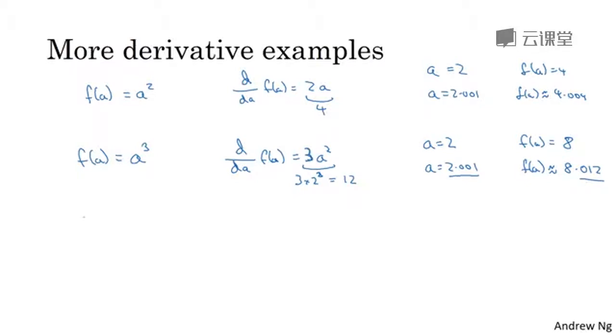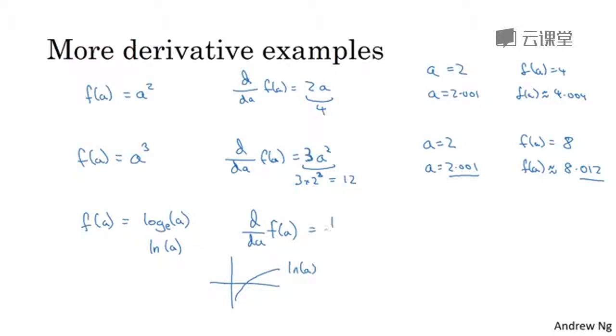Just one last example, and then we'll wrap up. Let's say that f of a is equal to the log function, right? So I'm going to write log of a, and I'm going to use this as the base e logarithm. Some people write that as ln of a. So if you go to a calculus textbook, you find that when you take the derivative of log of a, right, so this is a function that looks like that, the slope of this function is given by 1 over a.